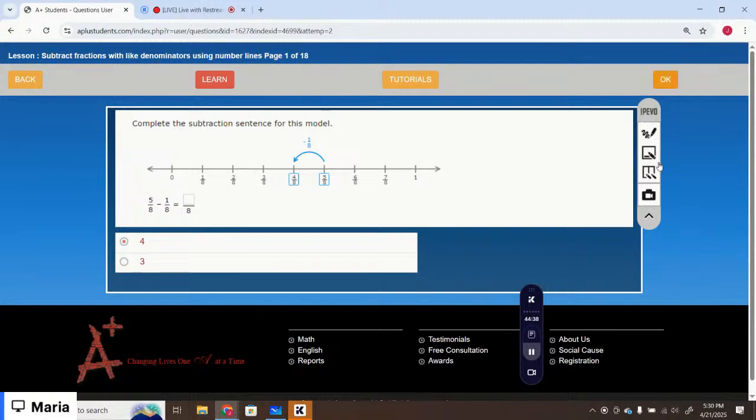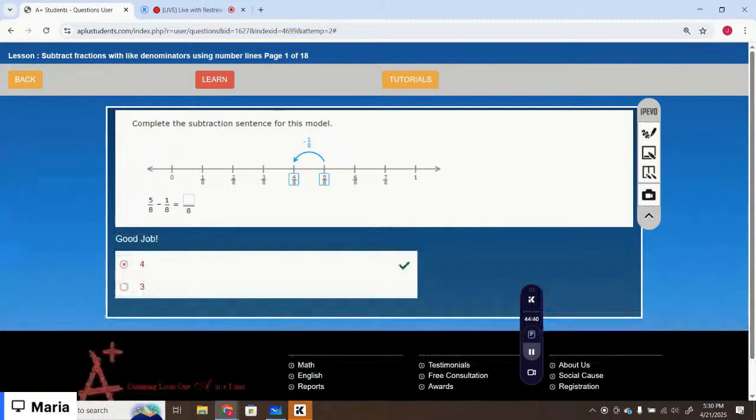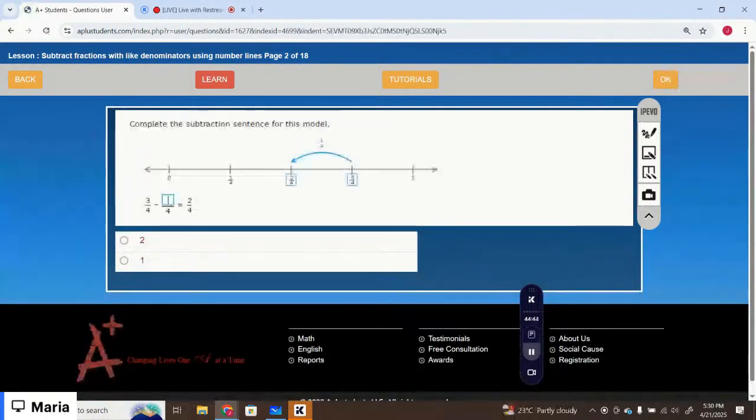That is 4 over 8. 3 by 4 minus missing number over 4 equals 2 by 4.